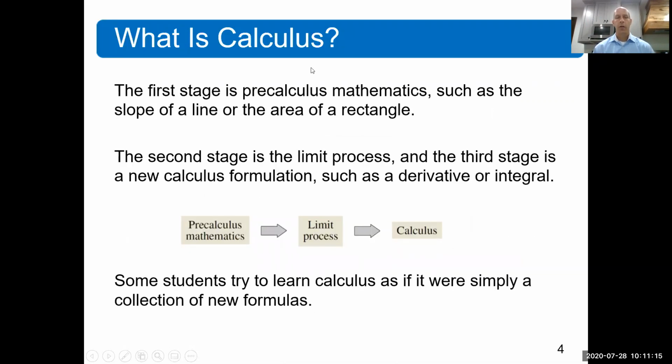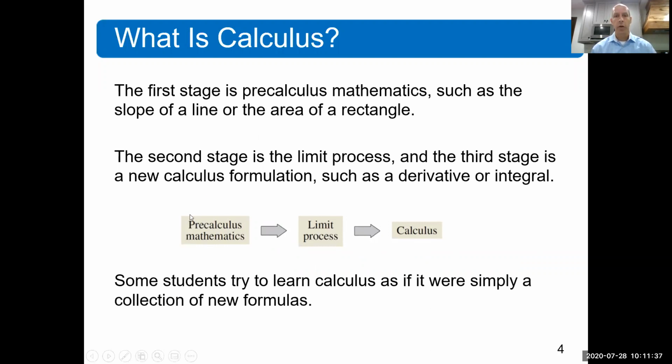So what is calculus? This diagram gives you some idea of what you're going to be doing in this class. When I say pre-calculus, I'm not just talking about the class you took last year. I'm talking about algebra, geometry, and pre-calculus, so anything before calculus.